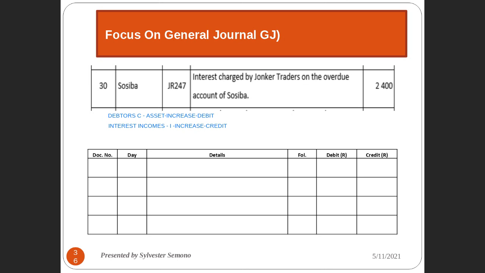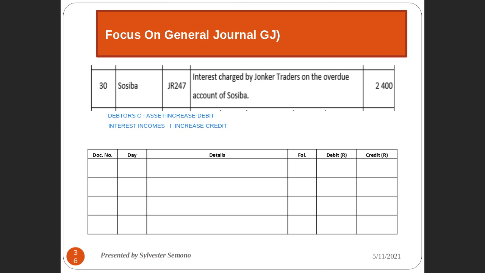Any possible third account? Don't you think that we must calculate VAT? If so, which VAT is that?